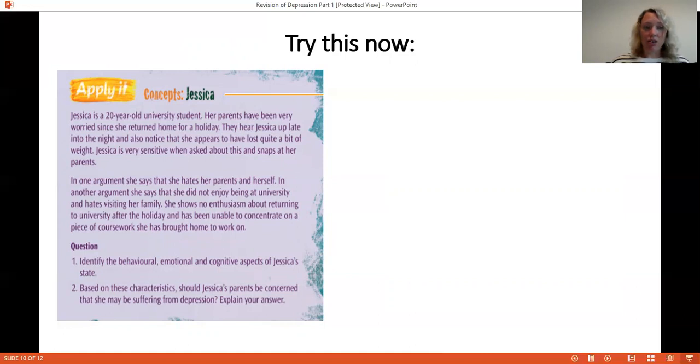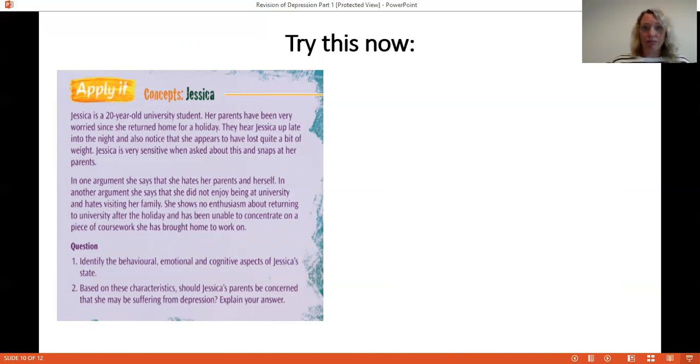In another argument, she says she did not enjoy being at university and hates visiting her family. She shows no enthusiasm about returning to university after the holidays, and has been unable to concentrate on a piece of coursework she brought home to work on.